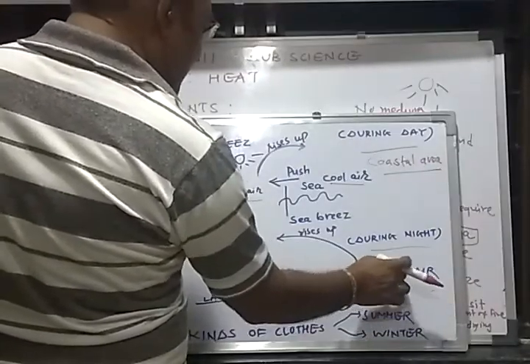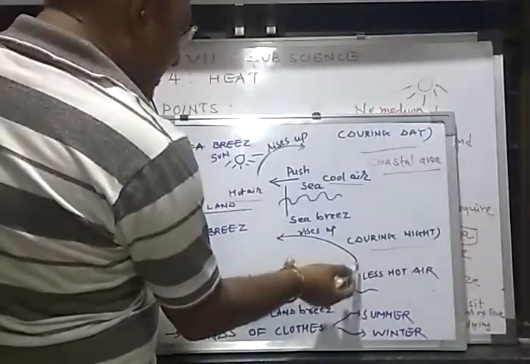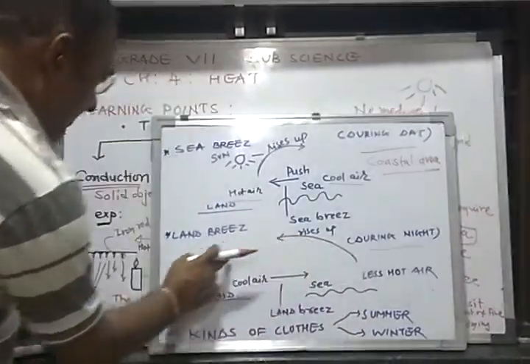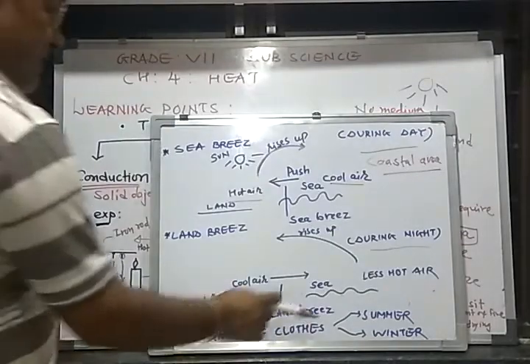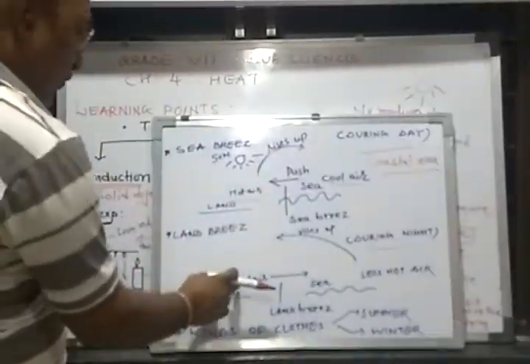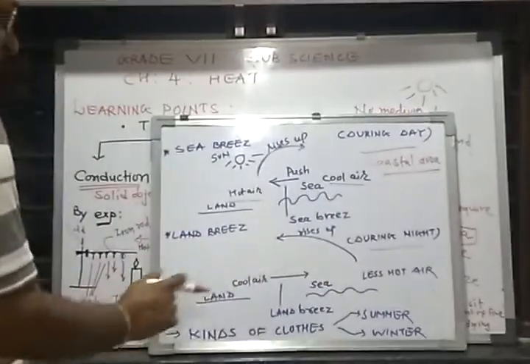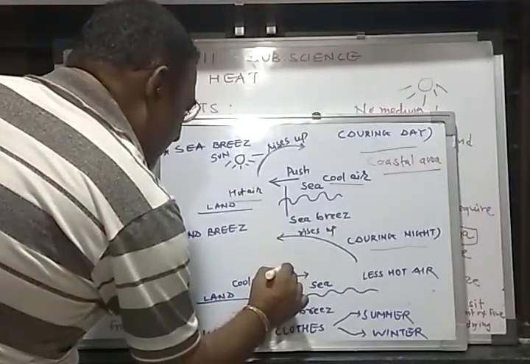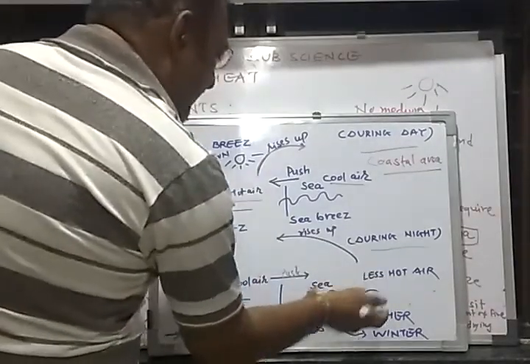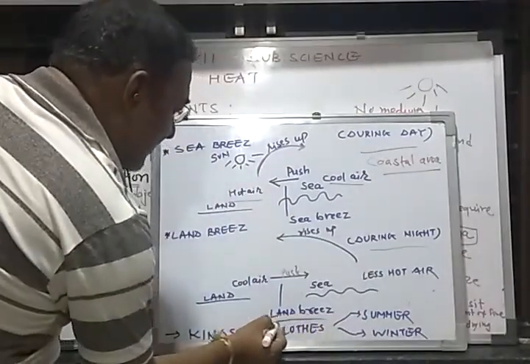So here, less hot air is there. So it rises up to this side. Hot air rises up. As the space is available, that space is filled by this cool air from the land side. So it pushes from land to sea. That's why it is known as land breeze.